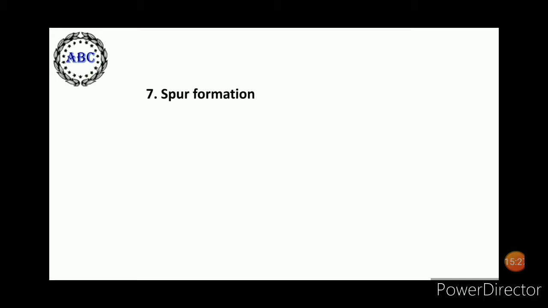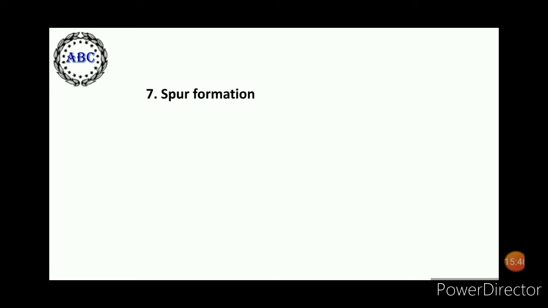Next role is spur formation. Spurs means dwarf branches, which are essential for maximum flowering and maximum fruiting. In apple and pear plants, fruit develops on dwarf branches or spurs.